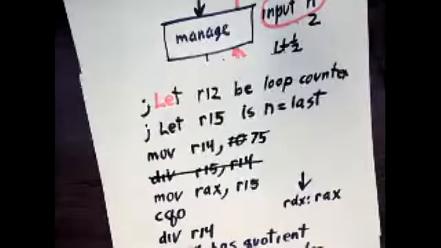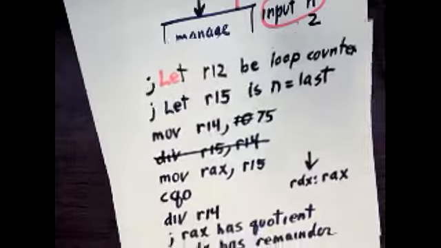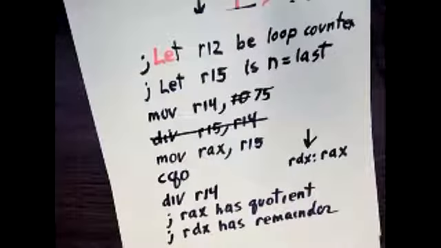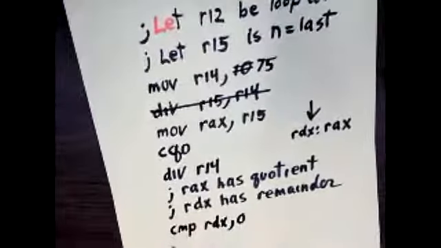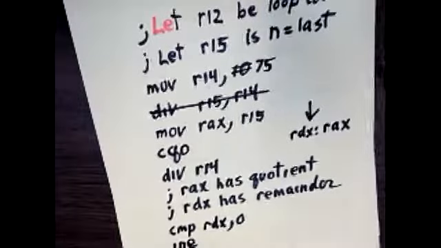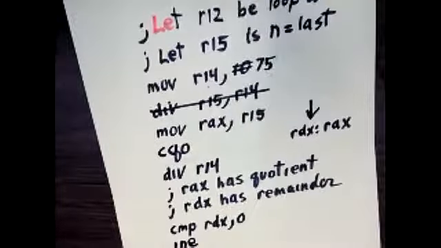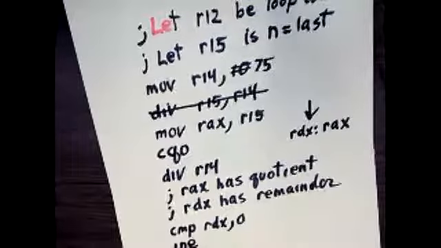If RDX is 0, I have to, so here it goes. CMP RDX with 0. Jump not equal. If it's not equal to 0, you just go down here and compute the term. But if it is equal to 0, then we call the one line.